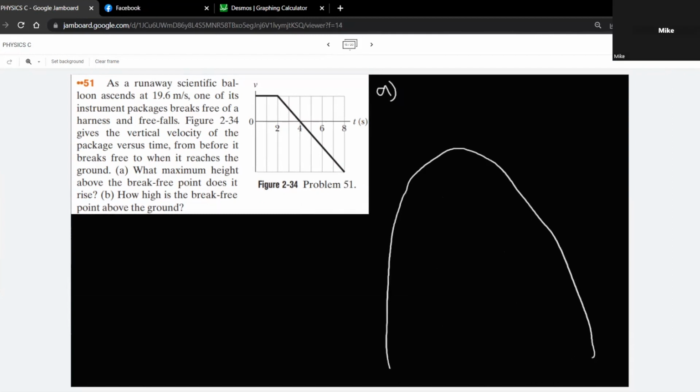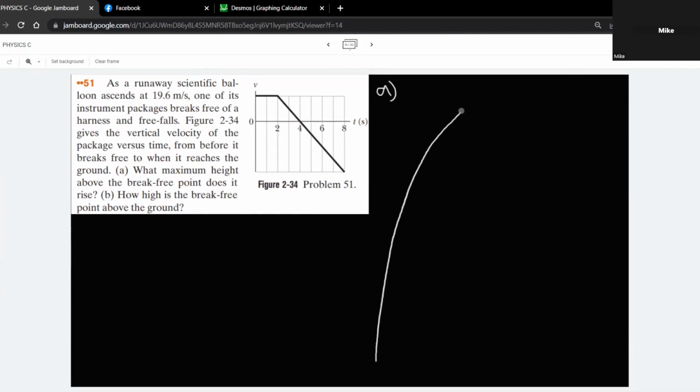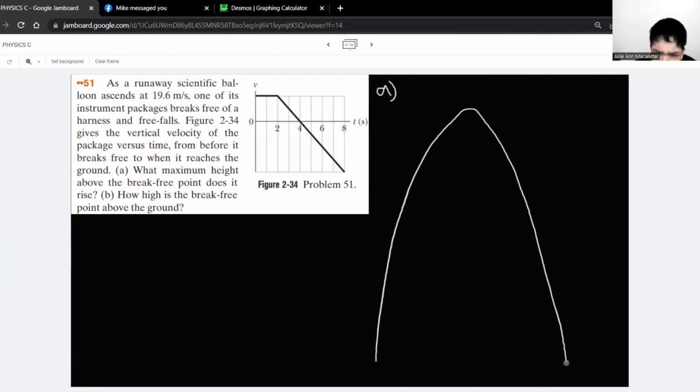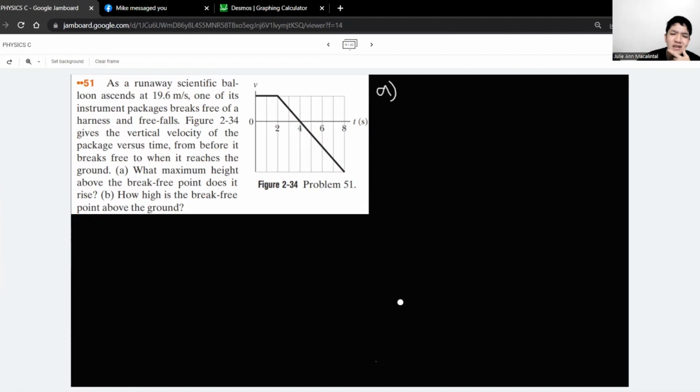Using the graph. Ano yung interpretation ng, 'di ba, you have v versus t? Ano ba yung interpretation ng integral ng v versus t? X over t. Okay. So if it's linear, then it's quadratic.